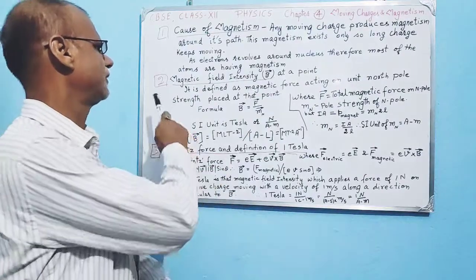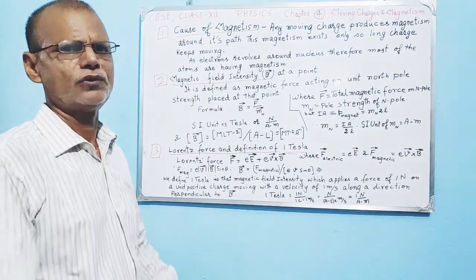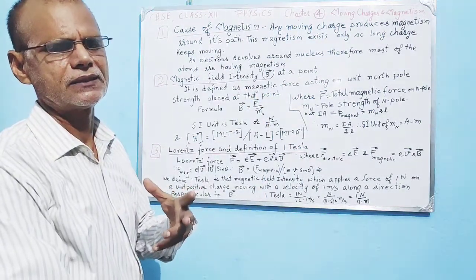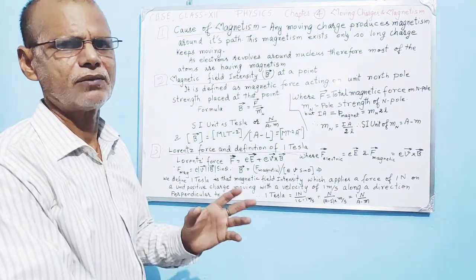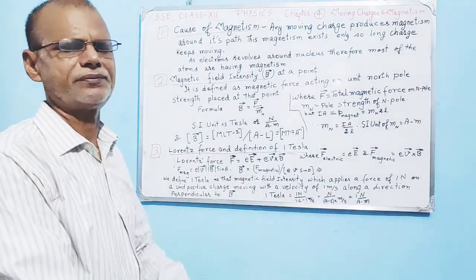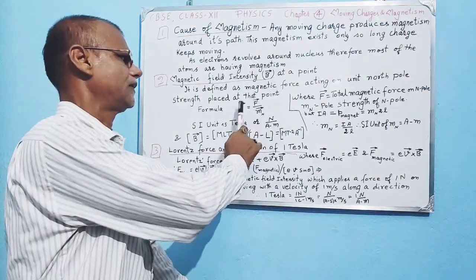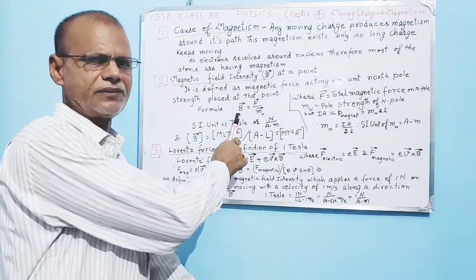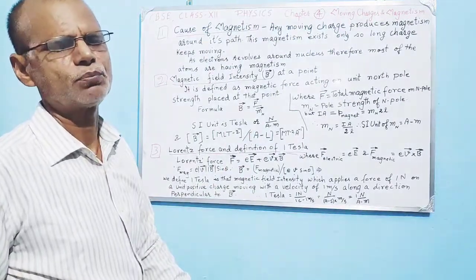So now we move to the next topic, magnetic field intensity. What is magnetic field intensity? We denote it by capital B. If you consider a unit north pole placed somewhere, then whatever force acts on this unit north pole due to the magnetic field present over there is known as magnetic field intensity, and it is denoted by B. Mathematically, magnetic field intensity B is equal to force per unit magnetic north pole.